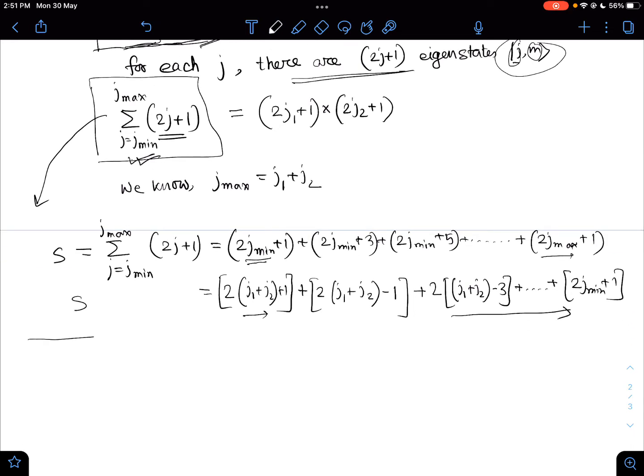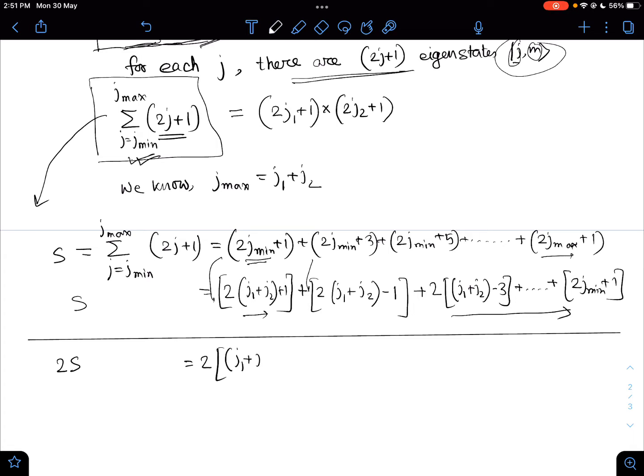So if we add up these two terms, what will we get? We will get 2S equal to, so we add this term, 2(J1 plus J2) plus 1 plus J minimum. Second term will be 2(J1 plus J2) plus 1 plus J minimum.